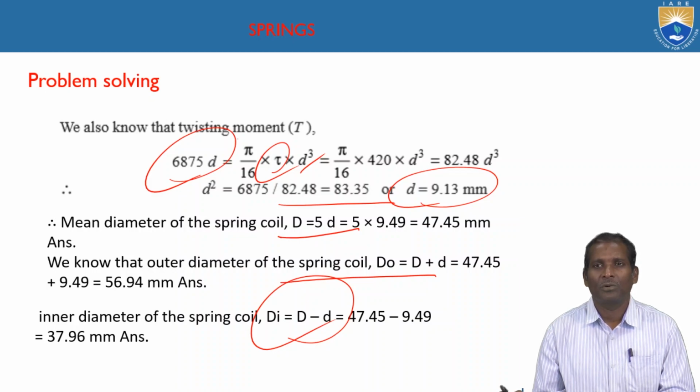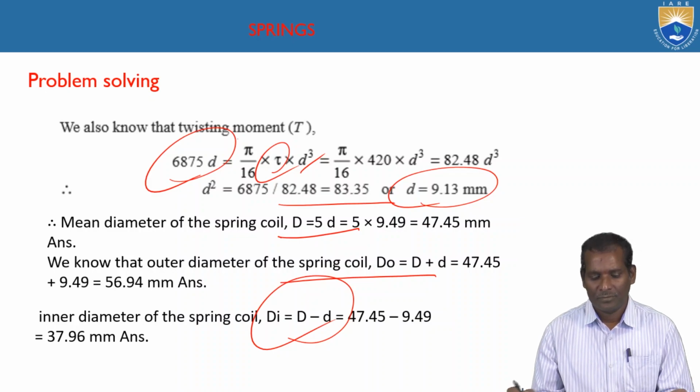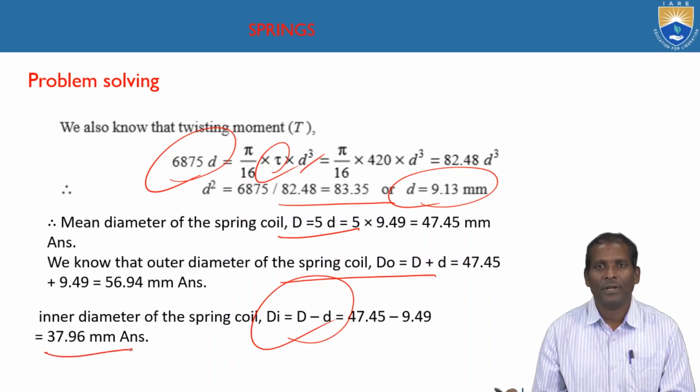In this problem we don't know the outer diameter and the inner diameter of the spring coil, so you can calculate them. So much you got 37.96 mm.